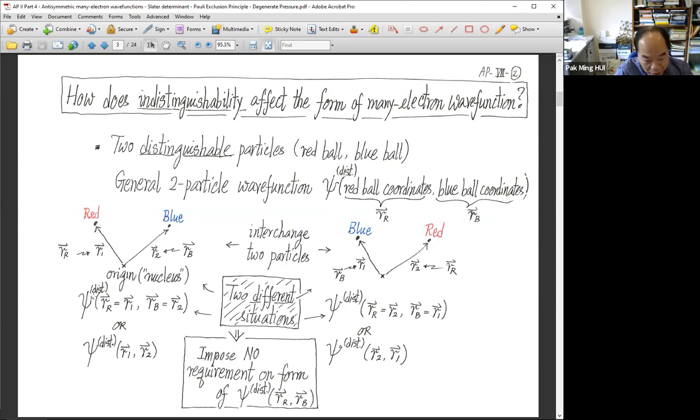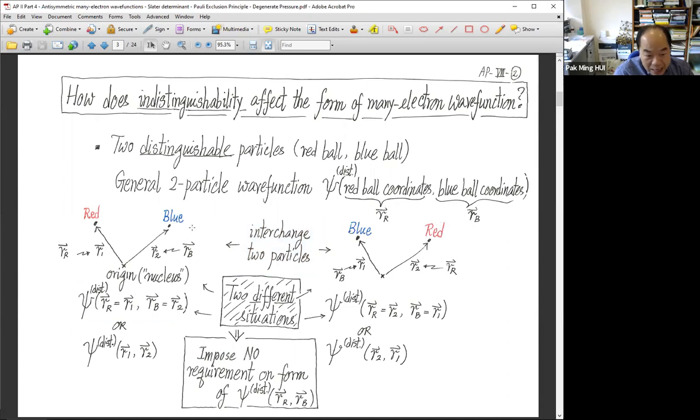So I would plug these 2 locations into my wave function. Then I get a value, a number out, right? It's a function of 2 variables. I plug in 2 locations, I get a number out, okay? Now, if I do what we call interchanging the two particles.